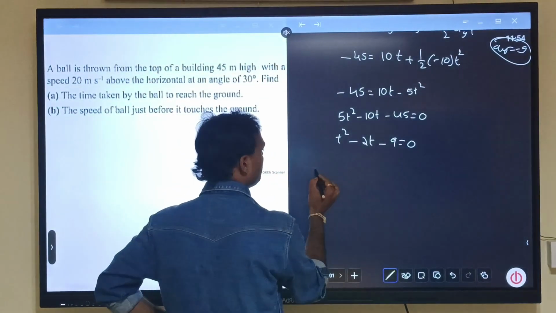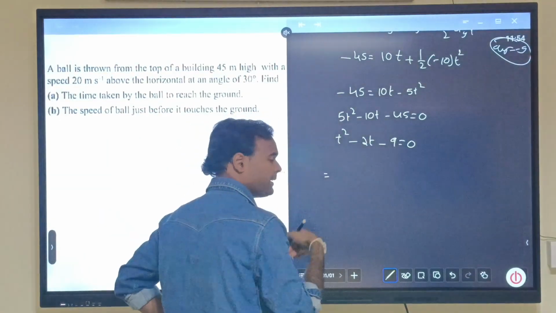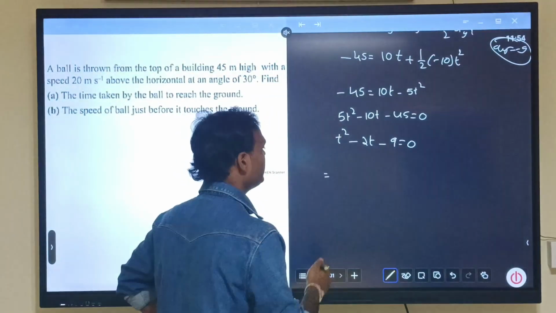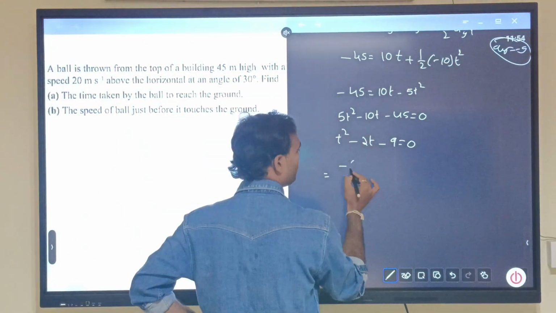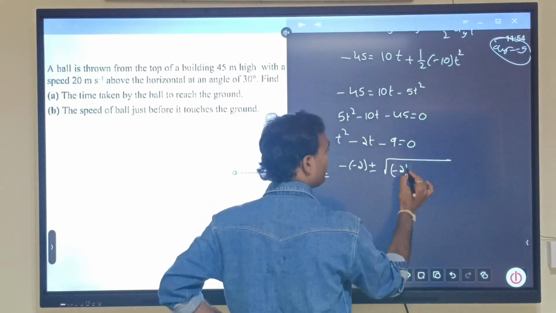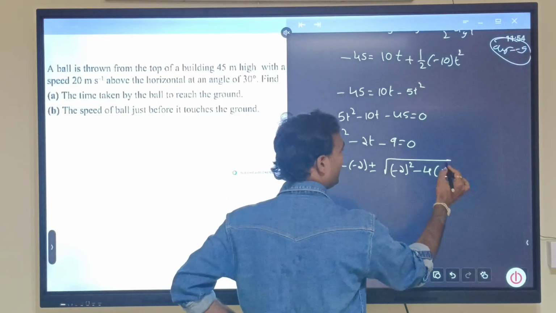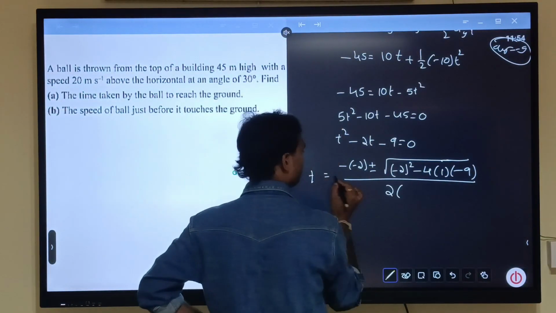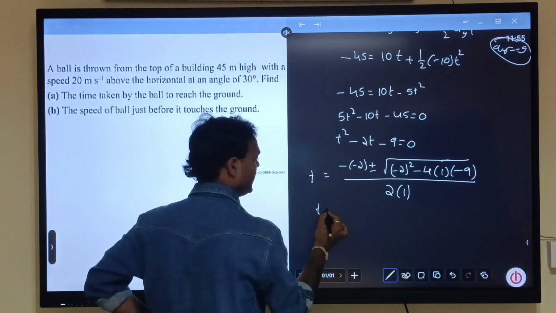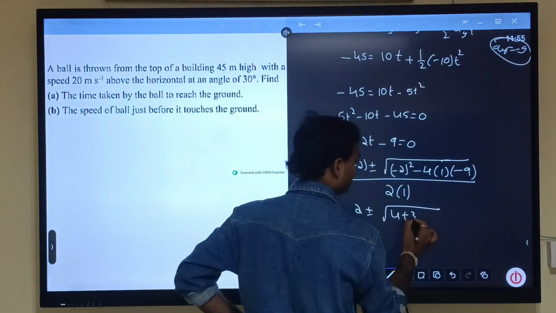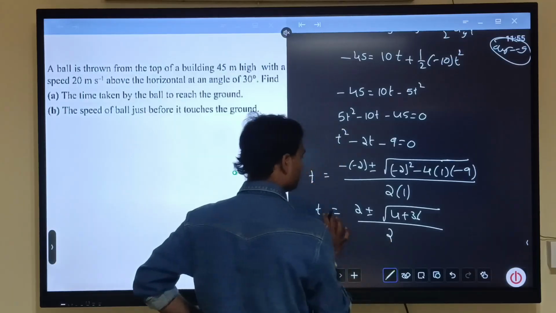Okay, we will go with the formula: minus b plus or minus under root of b square minus 4ac, by 2a. By using that formula, minus b means minus of minus 2, plus or minus under root of b square minus 4ac, by 2 into a, where the a value is 1. So t equals 2 plus or minus under root of 4 plus 36, by 2.